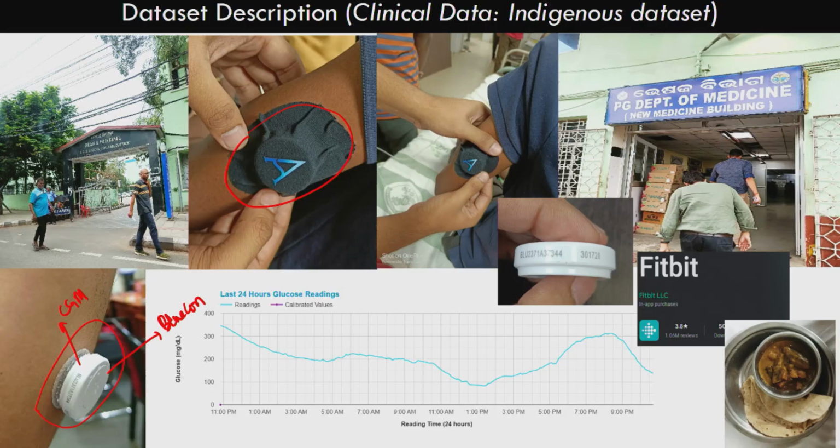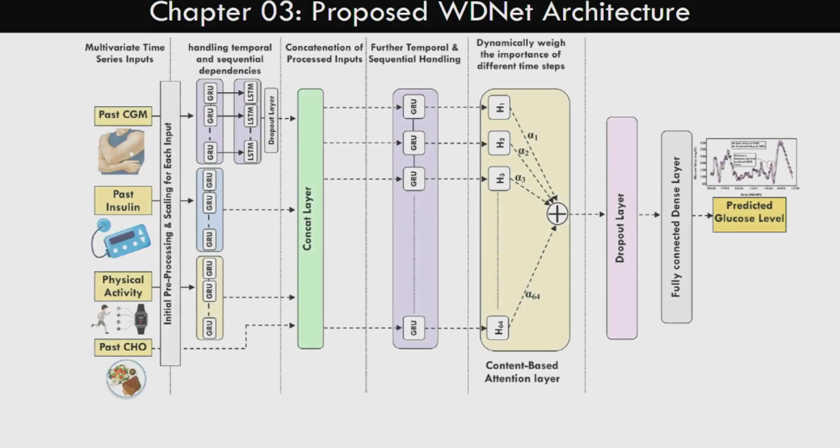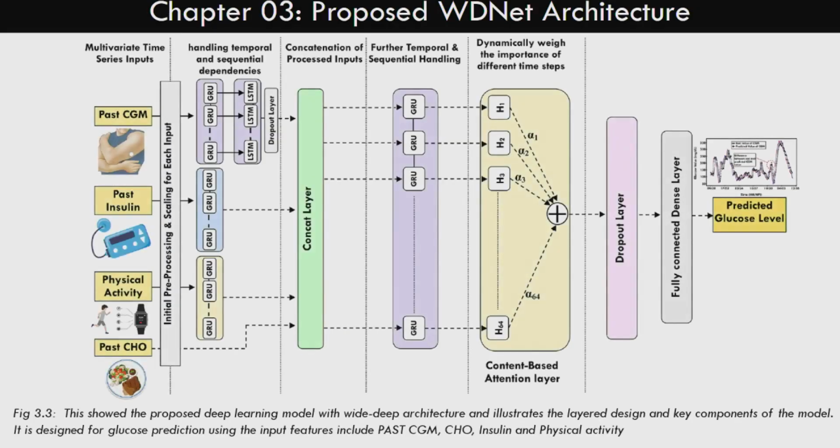Ideally we want Bluetooth data, and we do not want the user to scan again and again. That is why the BlueCon module sits on top of the CGM sensor. It converts NFC to Bluetooth, and you can get the Bluetooth data on your mobile phone. In this way we collected the data.